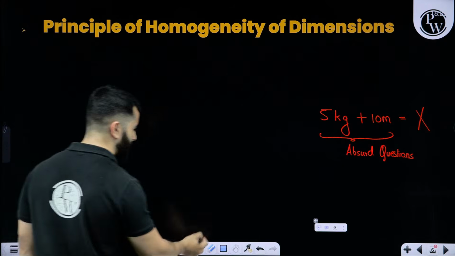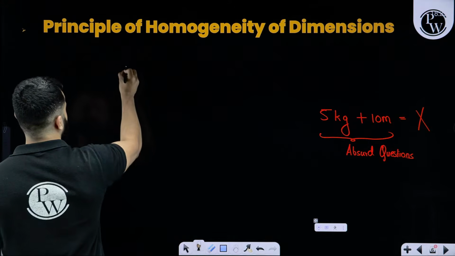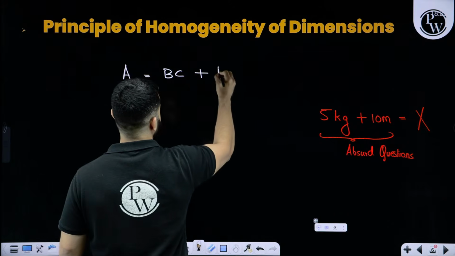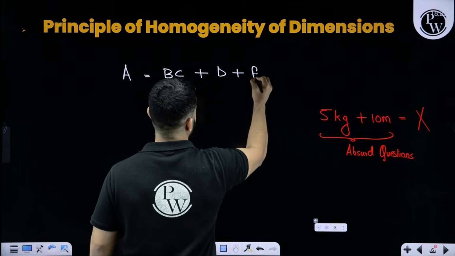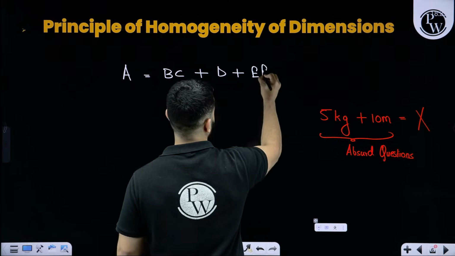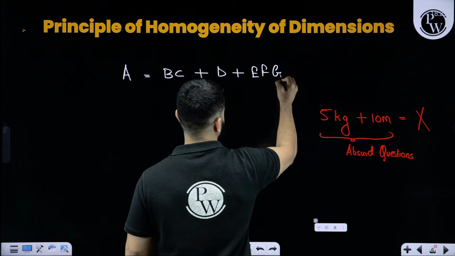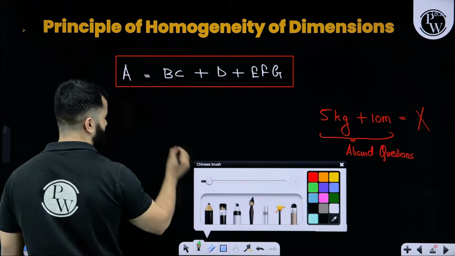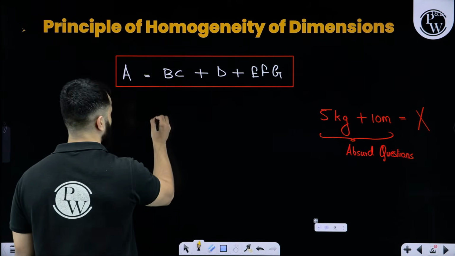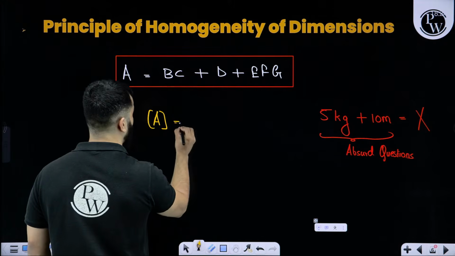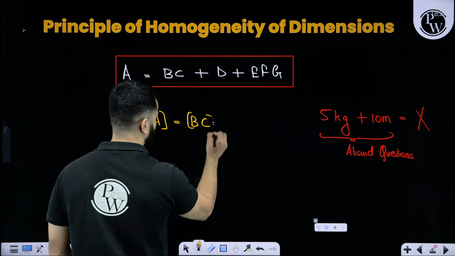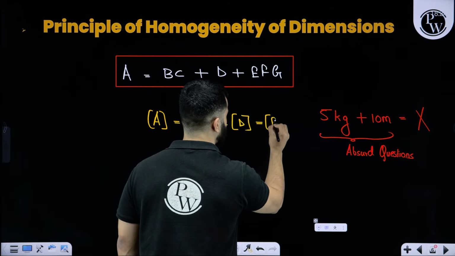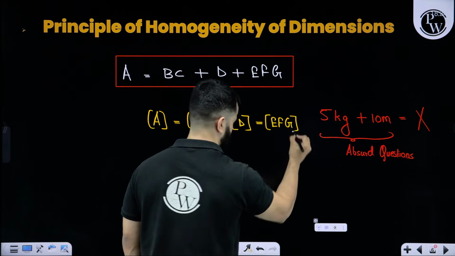Principle of homogeneity basically means that if you have a situation like A equals BC plus D plus EFG, something like this, then whatever is the dimensional formula of A, same is going to be the dimensional formula of B multiplied by C, same for D, and same for E multiplied by F multiplied by G.